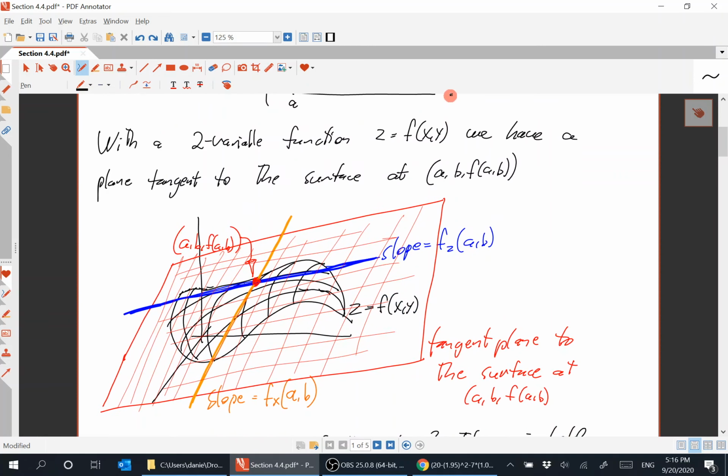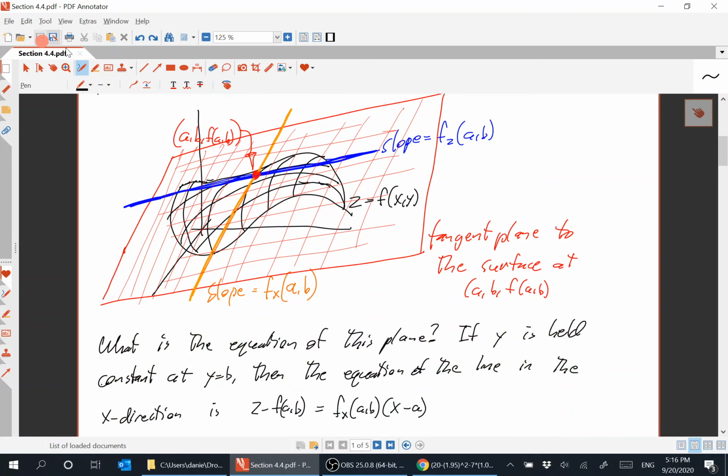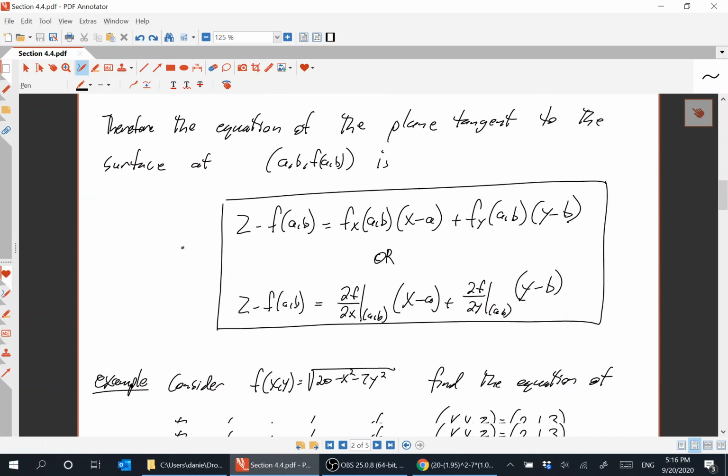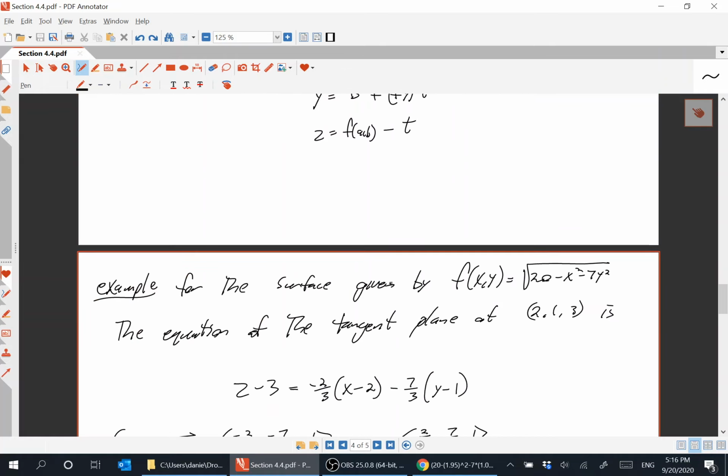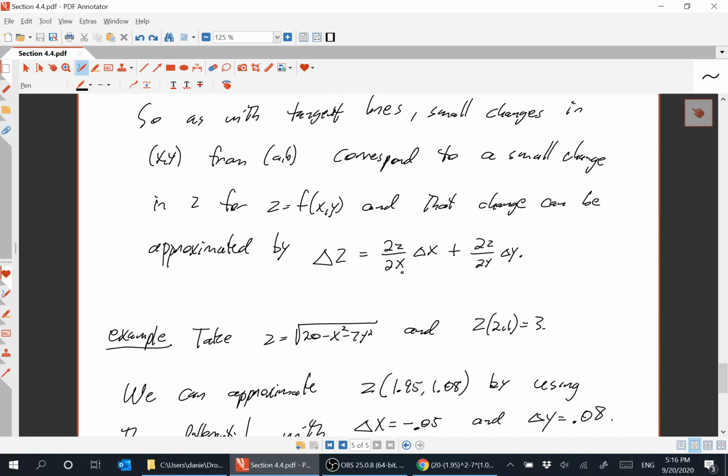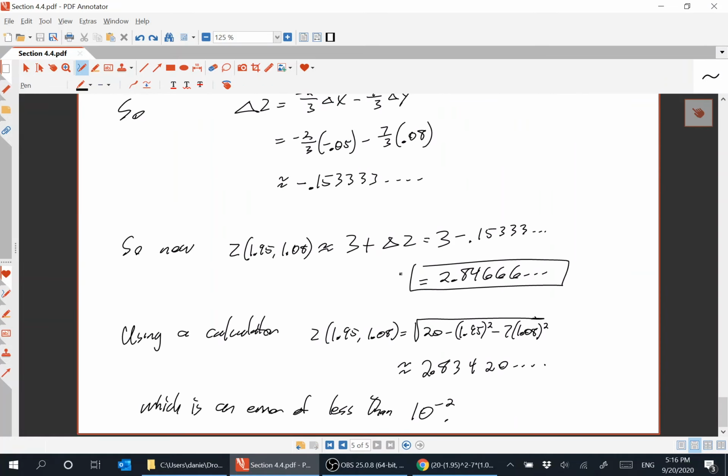Same thing with the tangent plane. The closer you are to the point of tangency, the smaller the difference between the function and the tangent plane. So this approximation using the differential gets better and better the closer you get to that point of tangency. Okay, so that's the material for this section.